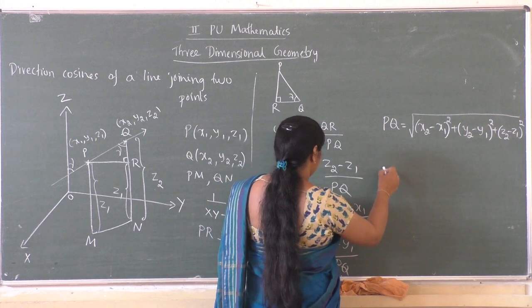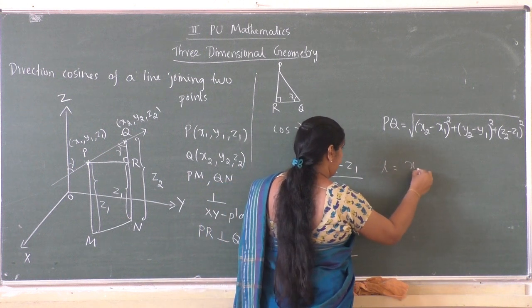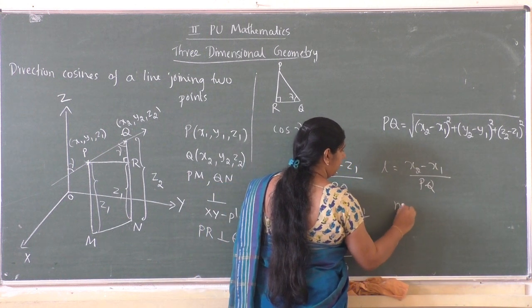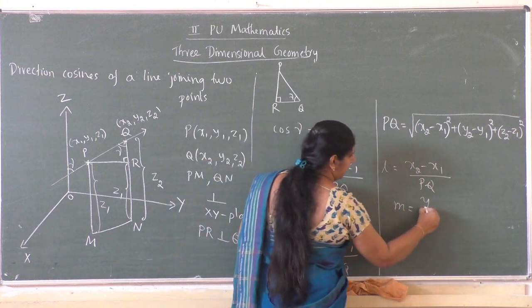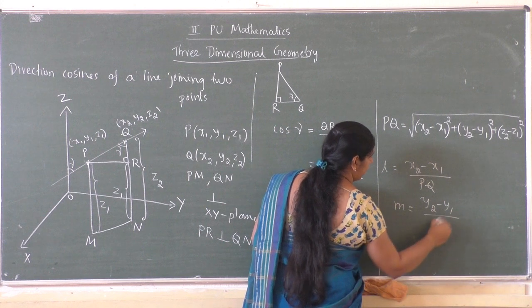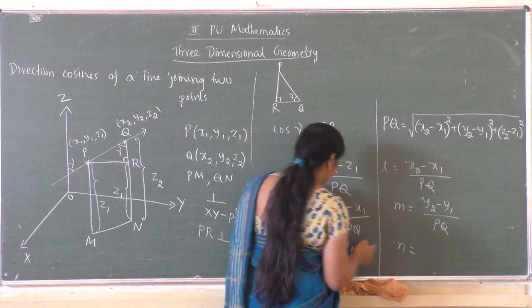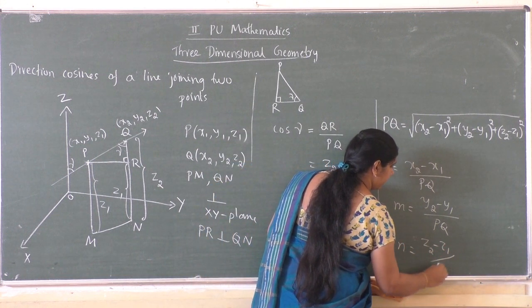Therefore, here l is cos alpha. What is cos alpha? x2 minus x1 by PQ. What is m? Cos beta, that is y2 minus y1 by PQ. And what is n? It is cos gamma, that is z2 minus z1 by PQ.